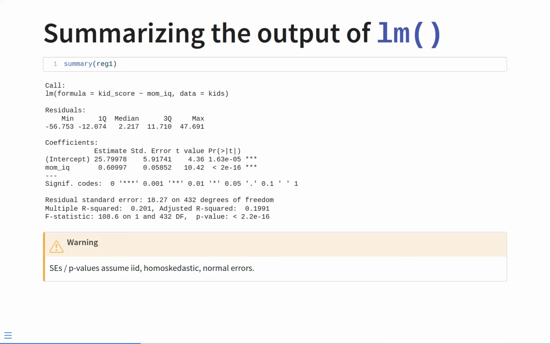We've also got the R-squared. We've got the adjusted R-squared, if you're familiar with that. We have the F statistic for a test of the joint hypothesis that the coefficients on all of the predictors are 0. And we've even got the residual standard error. So there's a lot of information here.